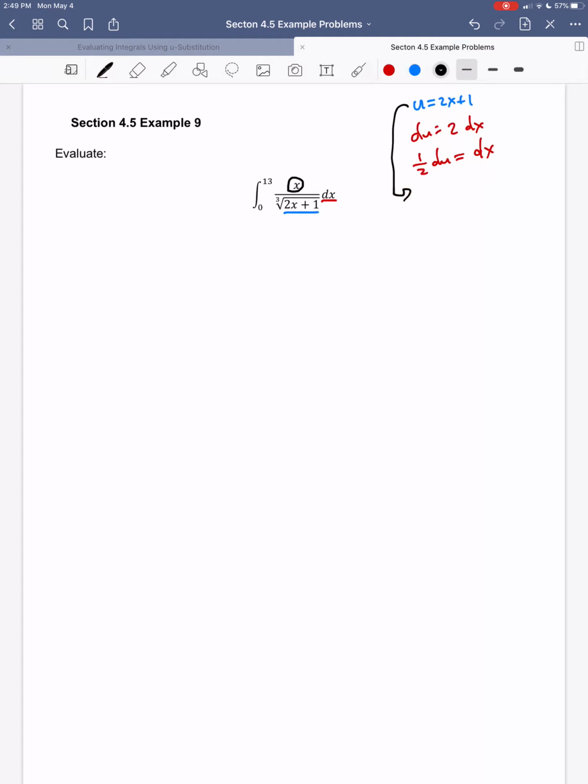So I'm going to come down here and I'm going to solve this equation for x. Also, these are x limits.